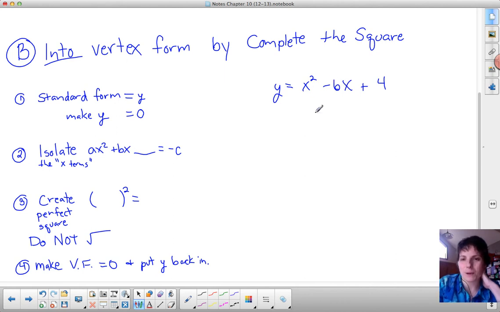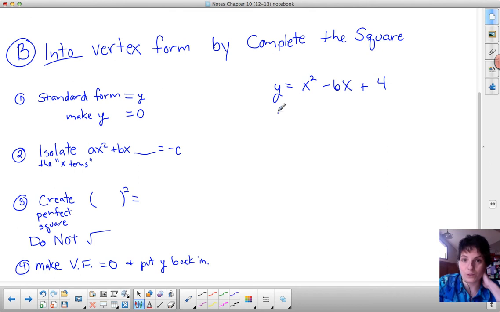If this is the case, then our first step is to take the y out and put a 0 in, because complete the square looks much more comfortable if I have a 0 in there. You don't have to do this step, and once you get comfortable with it, you may not want to.